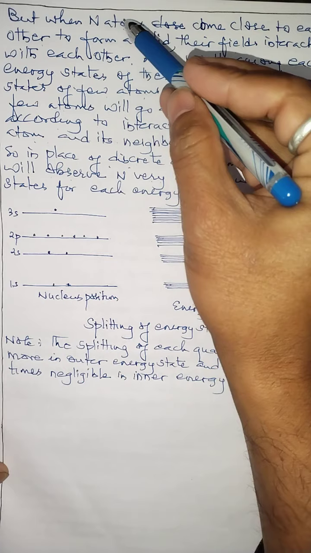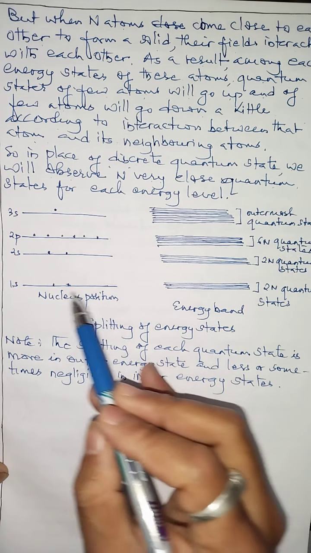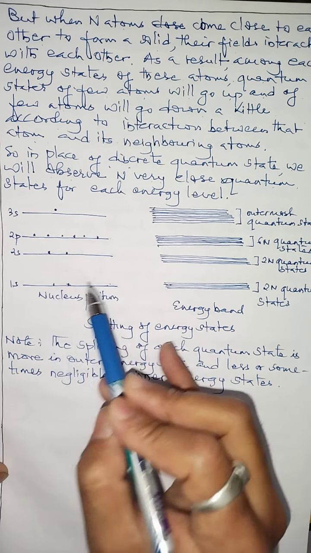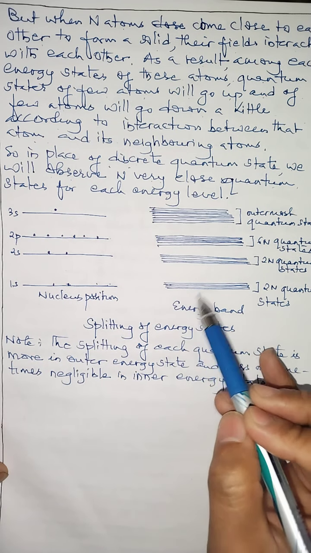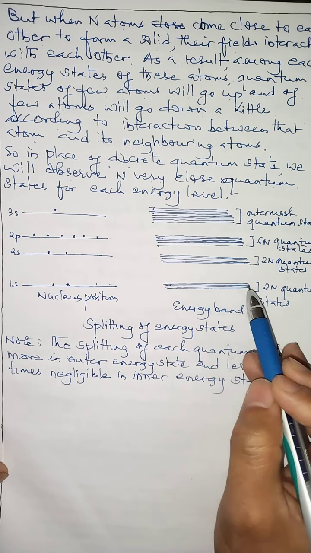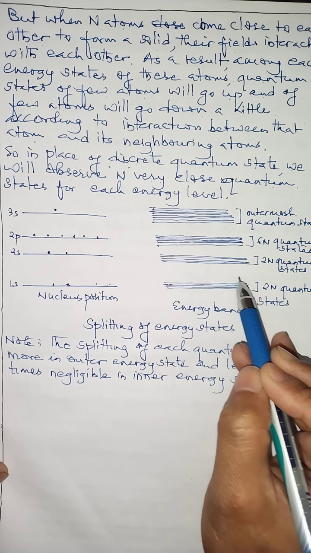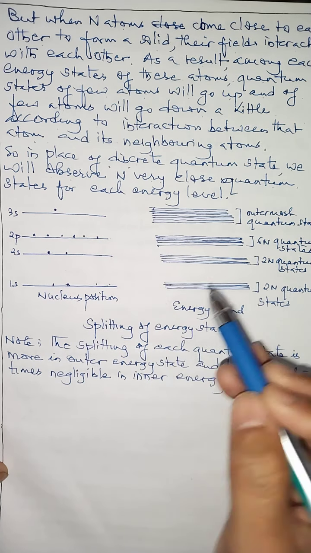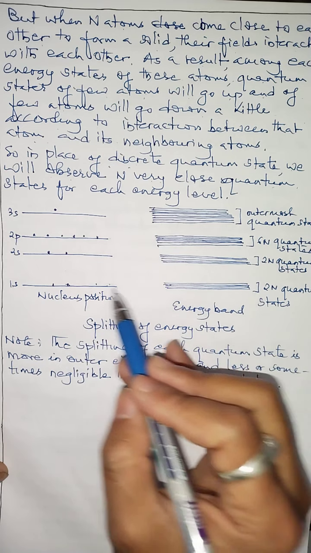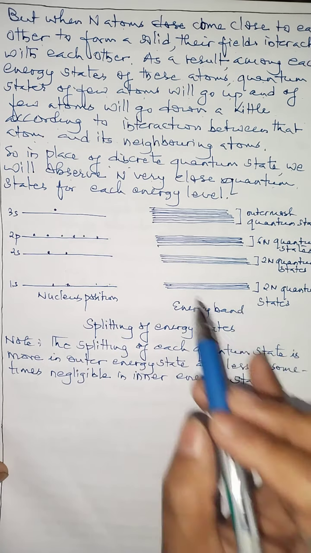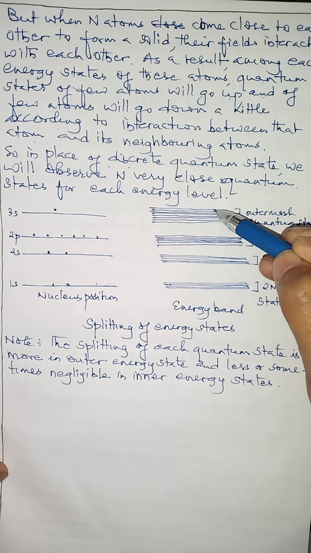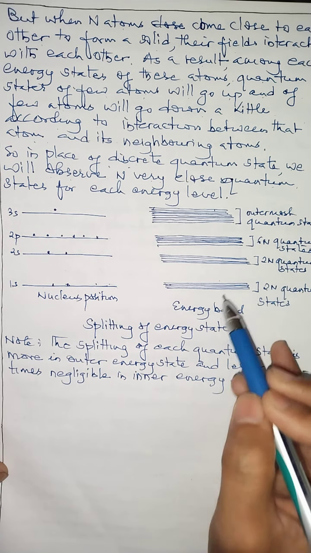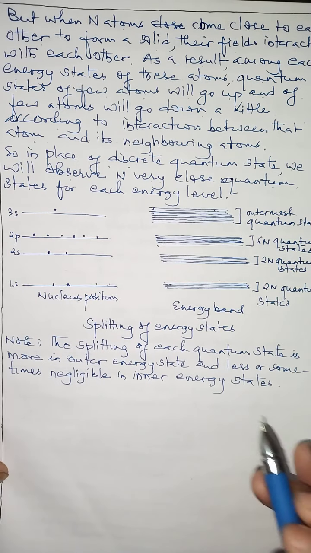But when n atoms come closer, the energy level acquired by all the atoms in every orbit will not be the same. That means there will be a band of energies acquired by the n atoms in a particular orbit. These are the energy bands in the diagram.